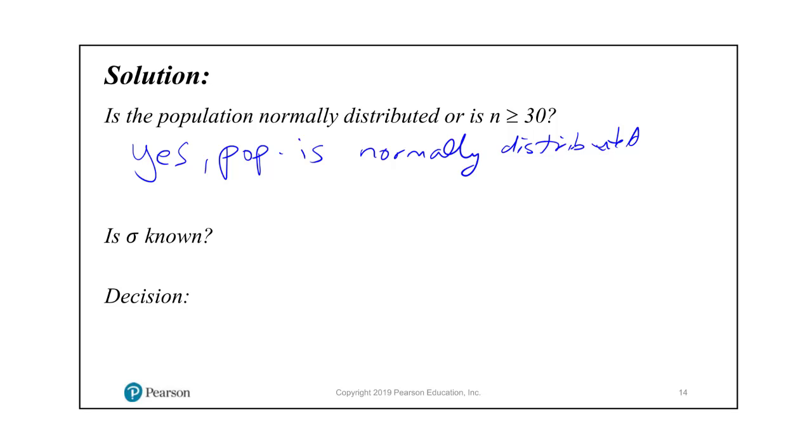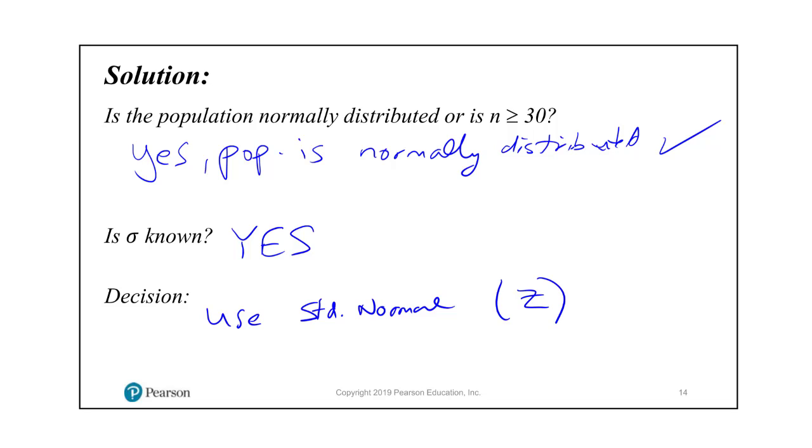Okay, so we're good. Is sigma known? Yes, because they actually did say that we knew the population standard deviation sigma. So since we know that, we would use the standard normal distribution. In other words, we'd be using z.